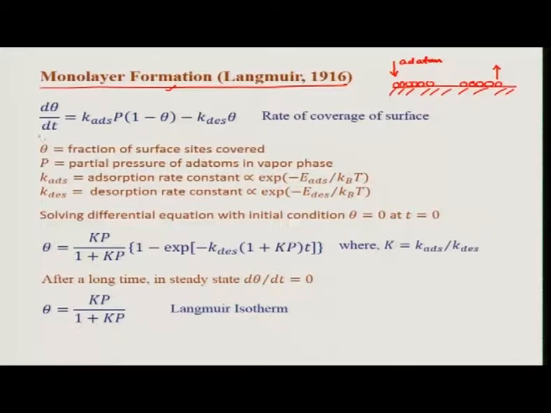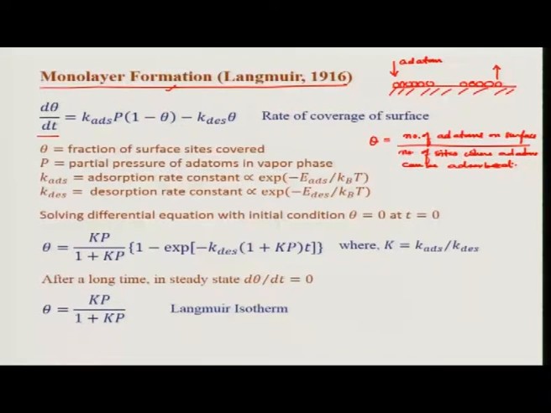So, the fractional coverage, which is the number of adatoms on surface divided by the number of sites where adatoms can be adsorbed. So, this is a ratio of how many sites are covered.